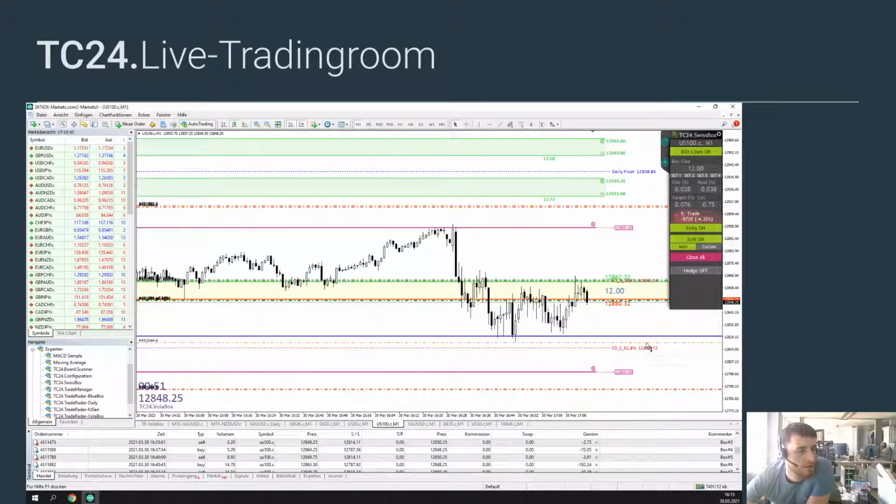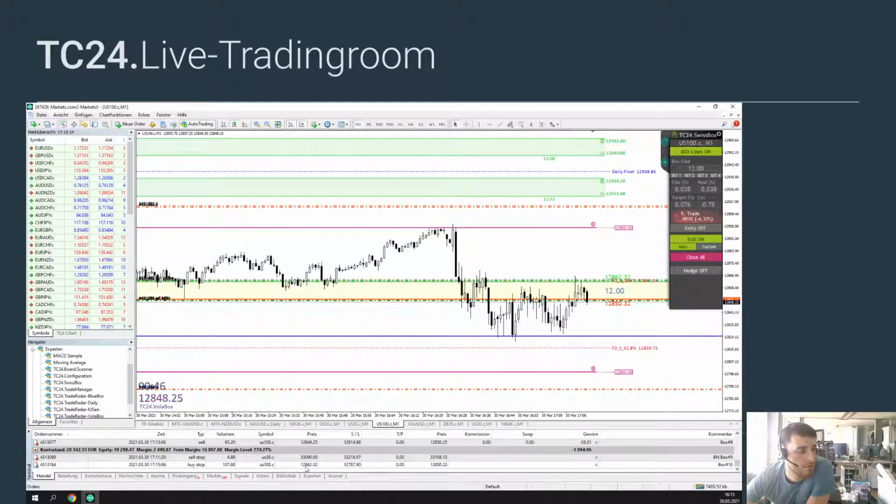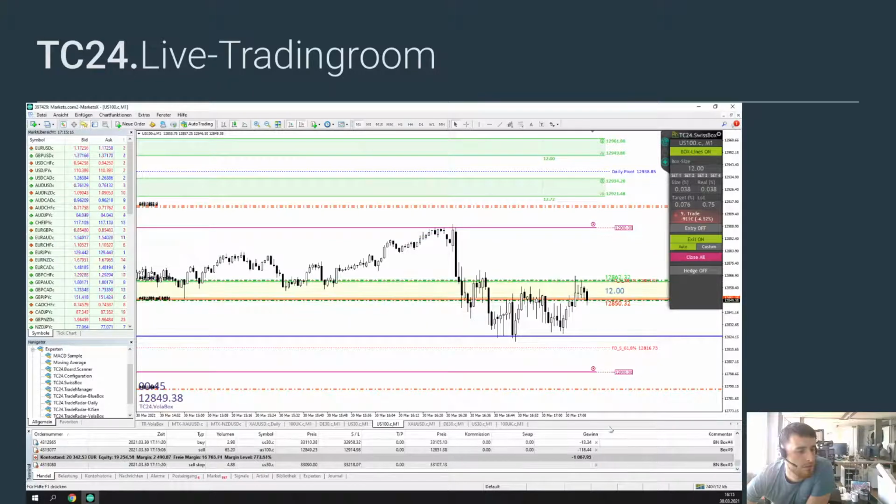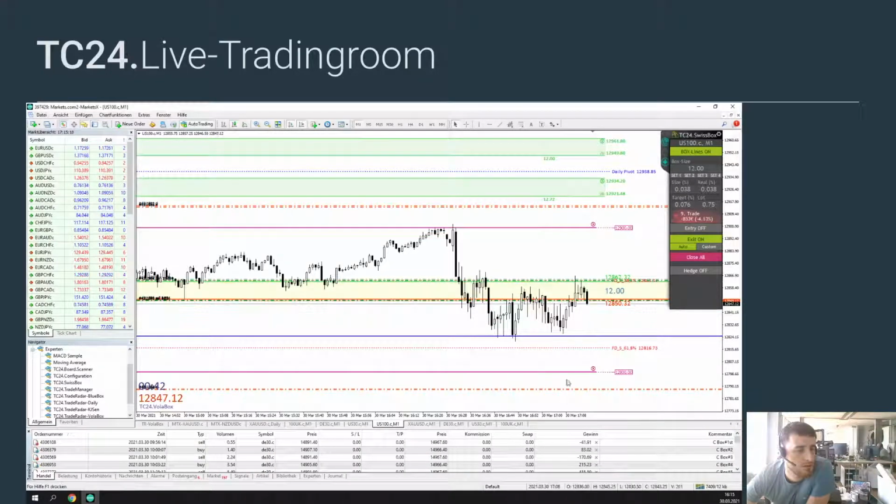So there's that next trade. And turn the entry off. And we're going to exit that next order. Commit to the sell position now. And of course, bring that down to Fibonacci here.